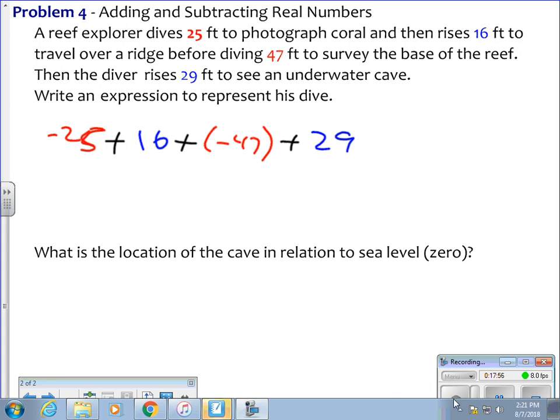This is one possibility. Now, another possibility, most likely the other one: -25 plus 16 minus 47 plus 29. The most likely other expression.